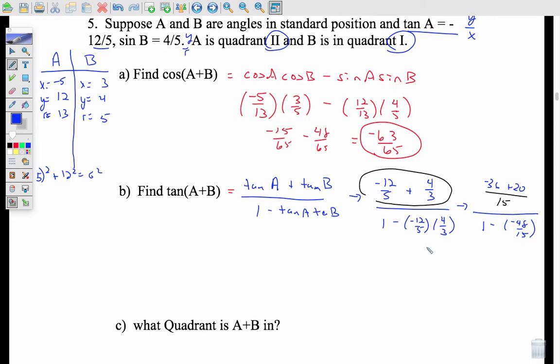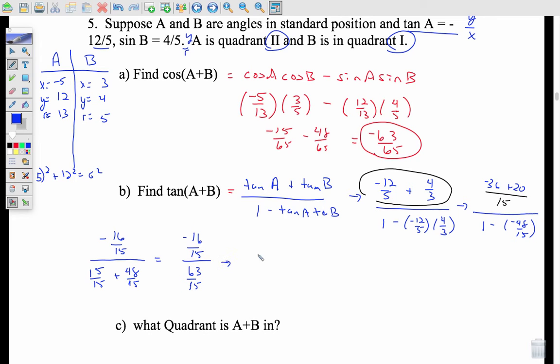I'm going to multiply first, so 1 minus, if I multiply straight across, I have negative 48/15. Sliding down over here, negative 36 plus 20 is negative 16/15 for my top fraction. 1 I will rewrite as 15 over 15, and then minus a negative, we'll make that a plus 48/15. That way I have the same denominator for both of my terms there.